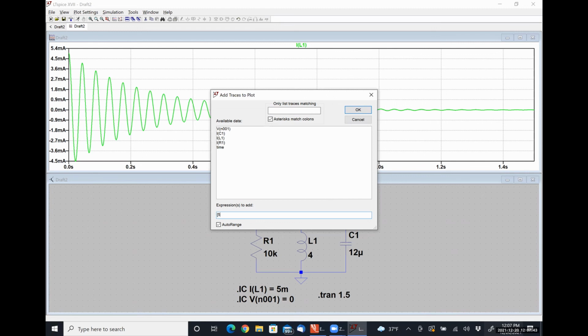So that's 5 milliamps times cosine. So omega D is expressed in radians per second. LT Spice wants it in hertz. Okay, so we're going to have to do a conversion factor of 180 over pi.